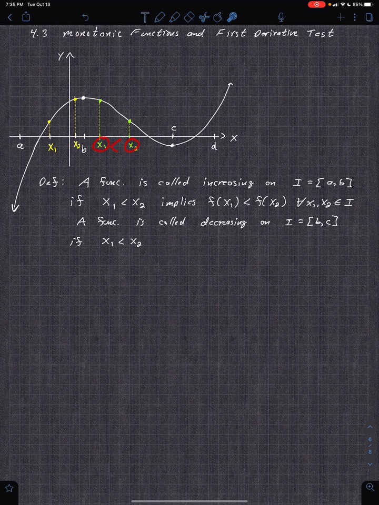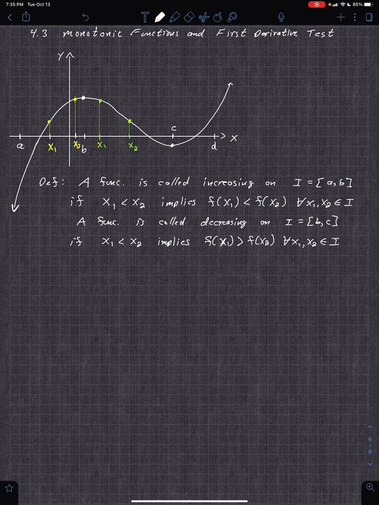That implies, and then how would you change that? That implies f of x1, and then you're flipping it around, right? This value here is greater than this value here. So you say f of x1 is greater than f of x2. And that's true for all x1, x2 in the interval.